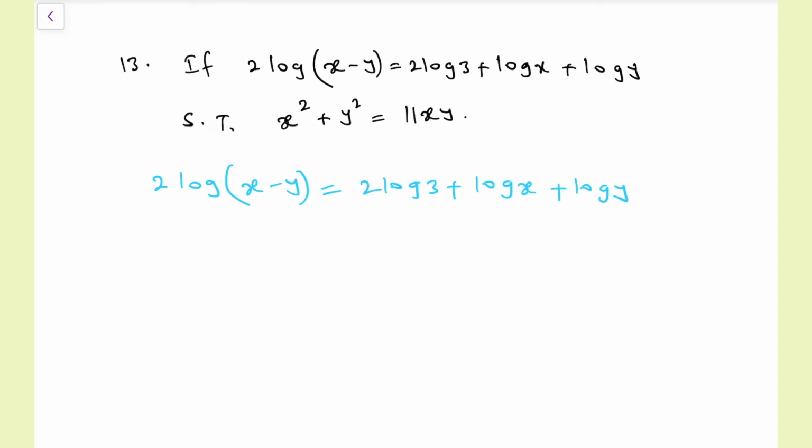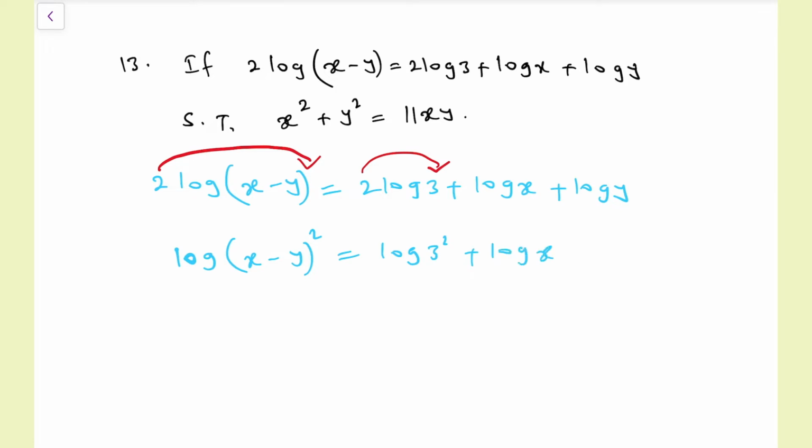Here the numbers before the logarithms will go as powers. Here nothing is there, here nothing is there, so no problem. So now what will we get? Log of x minus y whole square equals log 3 square plus log x plus log y.